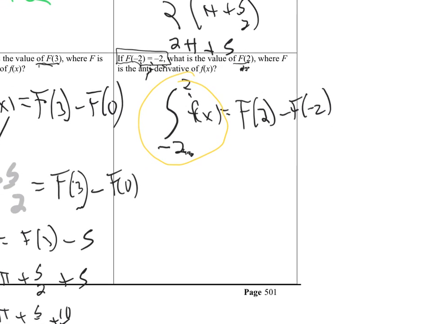So the answer to this part right here is 2 pi plus the 4 will equal what I'm looking for, f of 2, minus what he gave me as a negative 2.